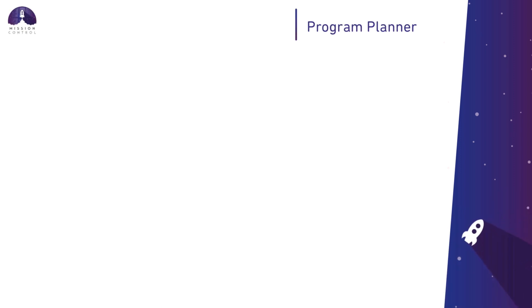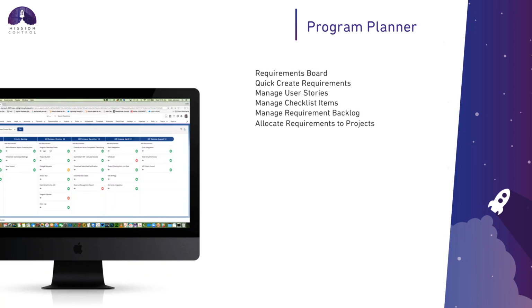So taking a quick high-level look at these new features. The program planner is basically that. As a reminder, the program sits above the project. And if you're managing a project, you might have a number of requirements that you need to deliver, and those requirements might get delivered over a series of projects.